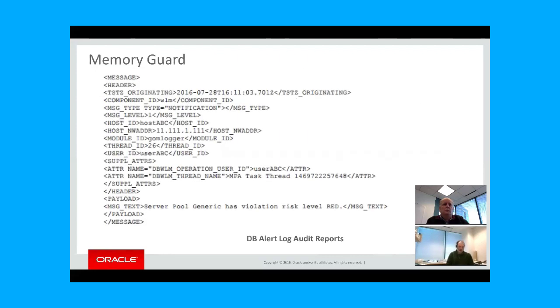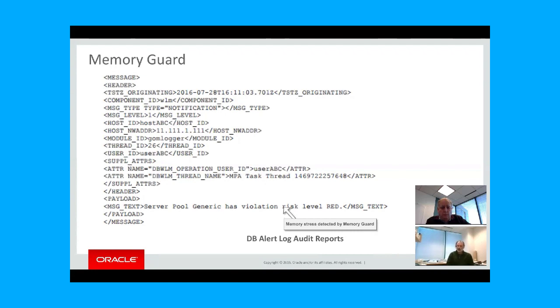It'll say that I've got a risk level, and you'll notice the risk level here is red. We have 3 risk levels: green, which is everything is good; yellow, which indicates we've got some kind of data dropout problem in the feed from the cluster health monitor; and red, indicating we've got data and that you're under memory stress.